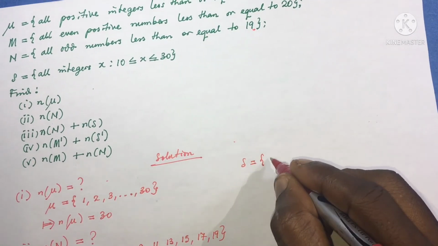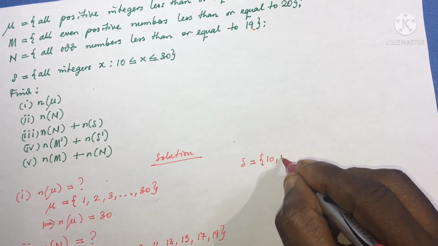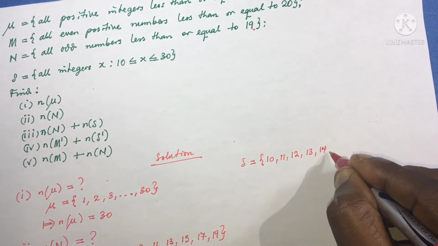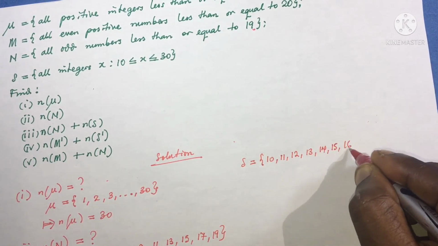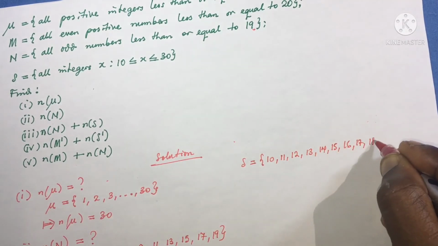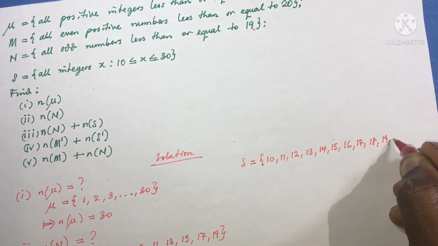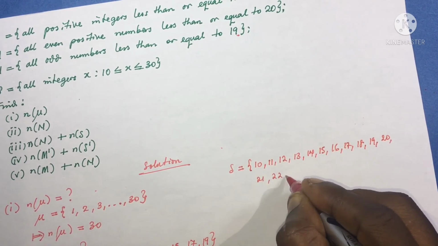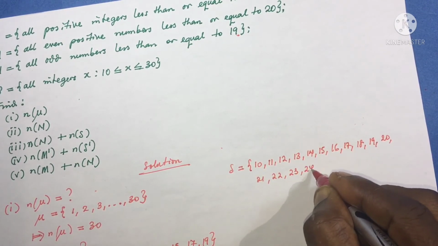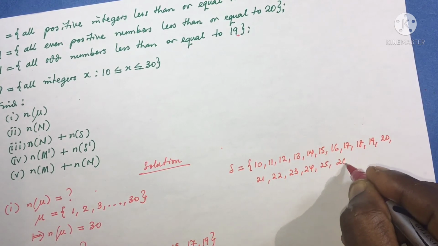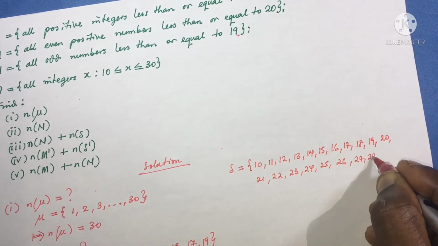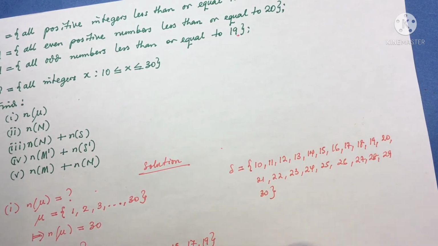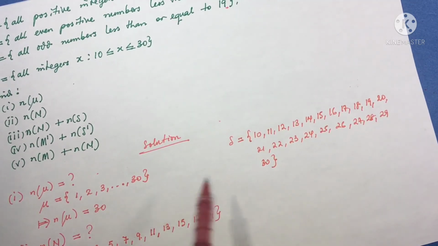All integers, so I'm going to start counting from 10, 11, 12, 13, 14, 15, 16, 17, 18, 19, 20, 21, 22, 23, 24, 25, 26, 27, 28, 29, and then of course 30. Okay, so that is the set S.